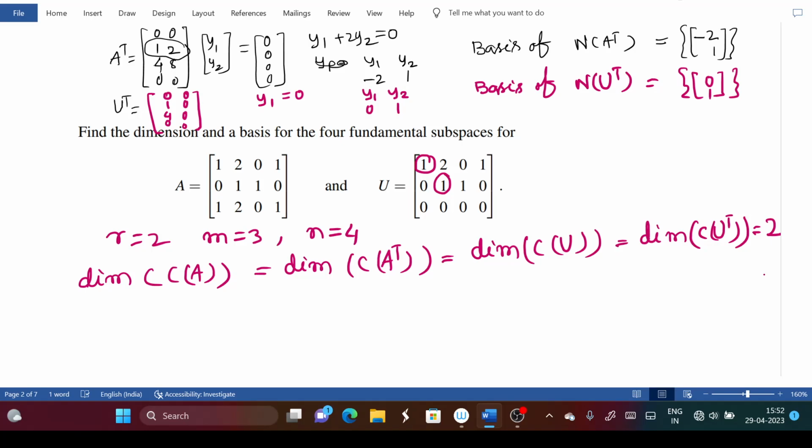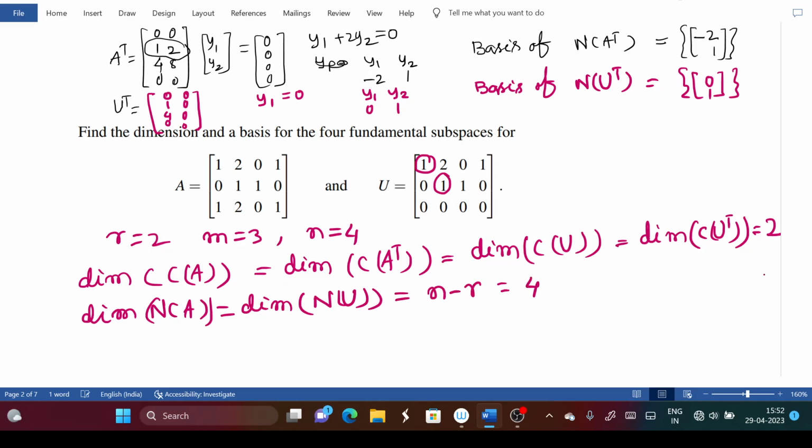Next, dimension of null space of A is equal to dimension of null space of U, that is equal to n minus r, that is 4 minus 2, that is equal to 2.